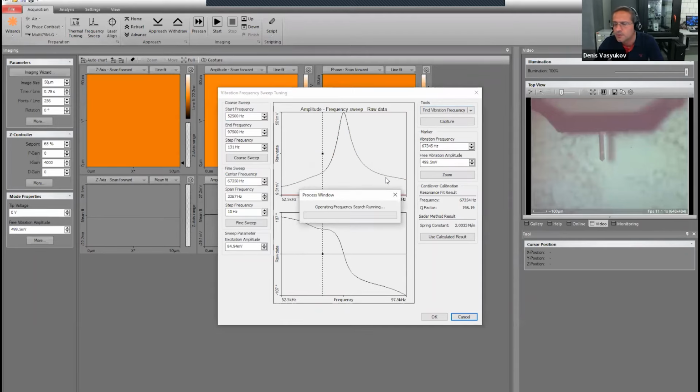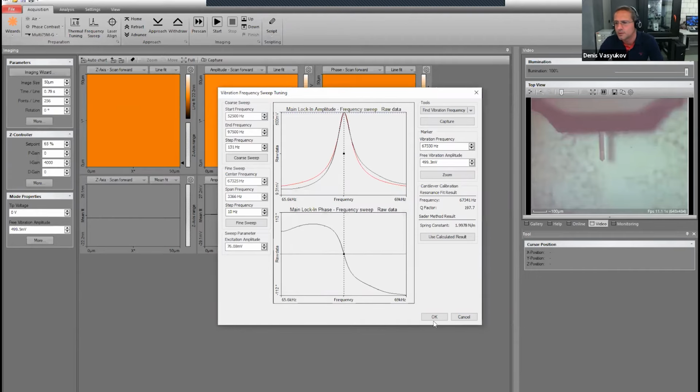Okay, so let's find the vibrational frequency again, just to see how it works. All right, so this is done.